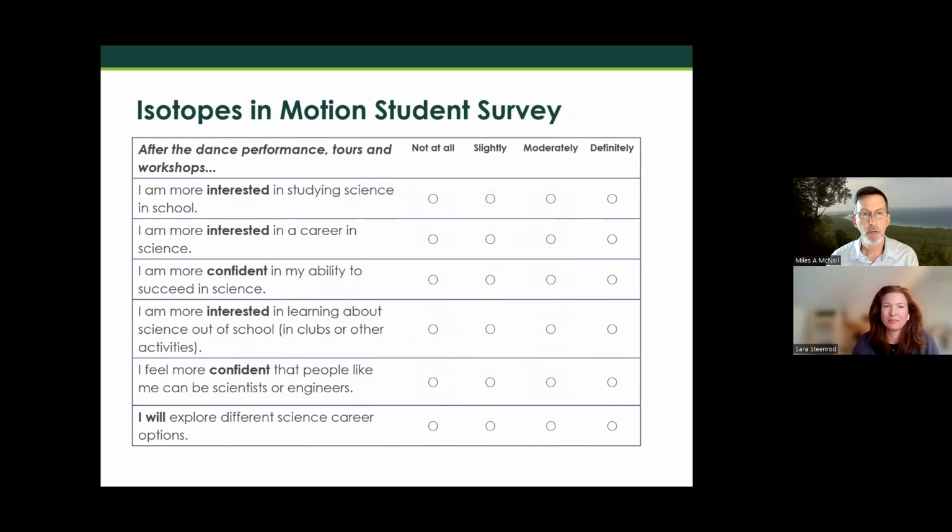But we designed some questions in a post-test only survey, asking about interest in studying science, interest in a career in science, increased confidence in ability to succeed in science, and these kinds of questions as a result of attending the activity. So it's a post-test only design, but these are the kinds of questions that you can ask and that are quite common in broader impact evaluations.